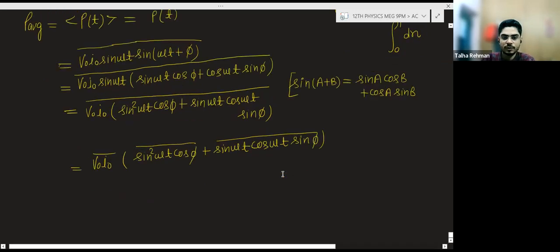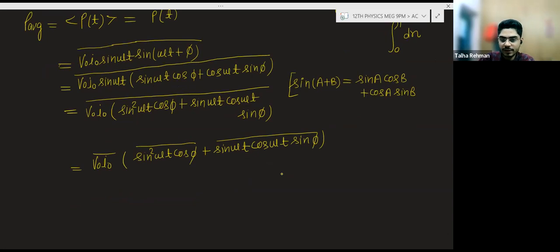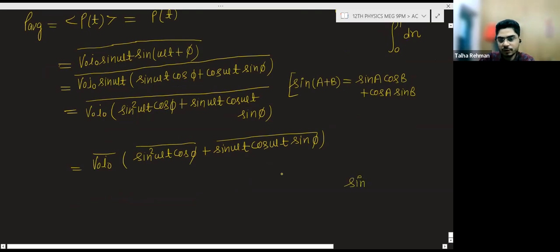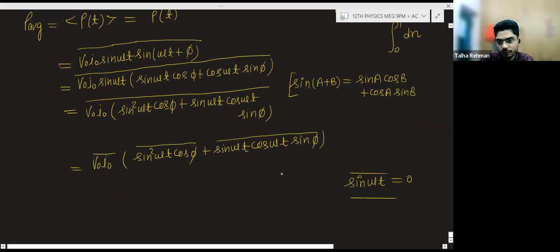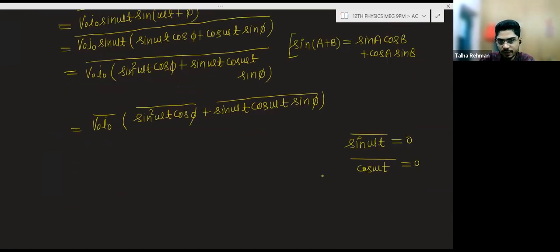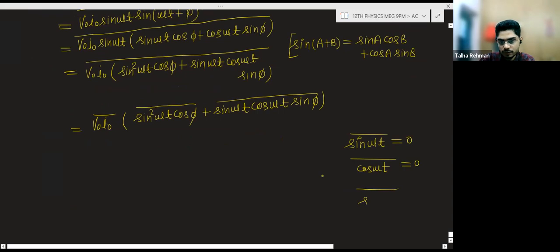So remember, for a full cycle, the average value of sin omega t is equal to 0. The average value of cos omega t for a full cycle is equal to 0, and the average value of sin square omega t for a full cycle is equal to half.